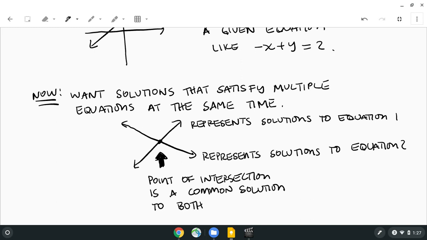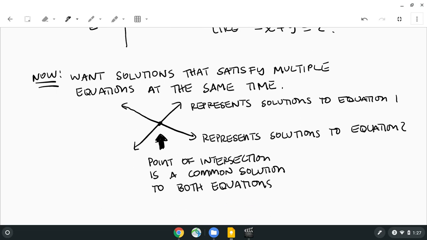And that's what we want. So we're not just solving one equation, but we are solving two.